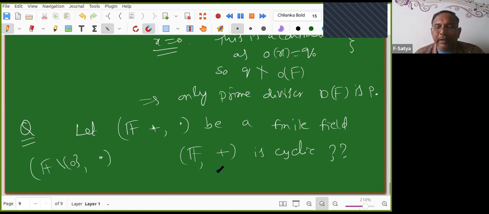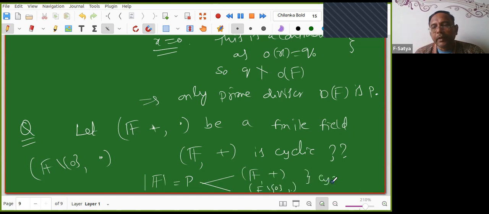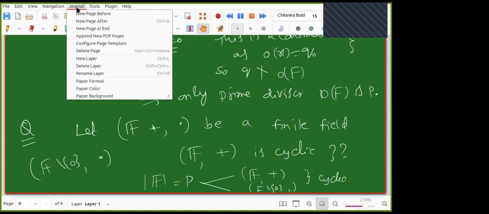It is cyclic in one case: if the order of F equals p, a prime number itself, then both F plus and F minus 0 are cyclic. Otherwise, it's not cyclic.